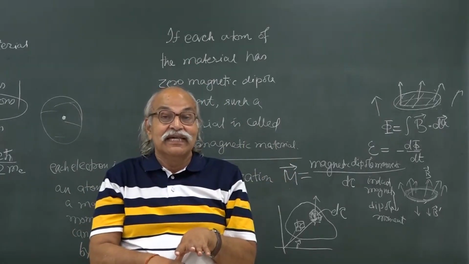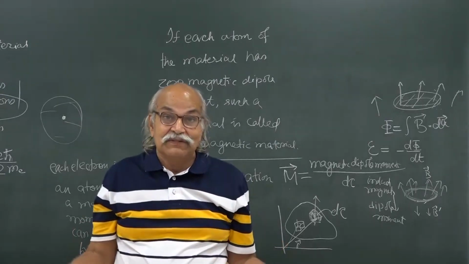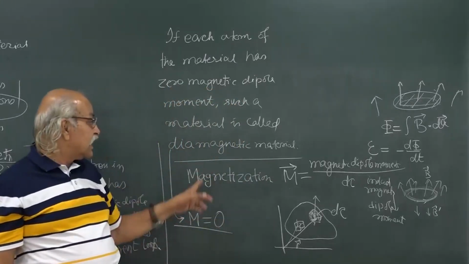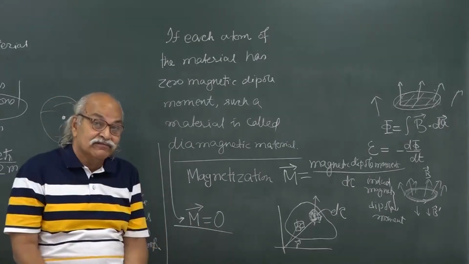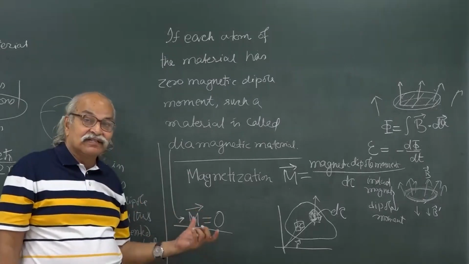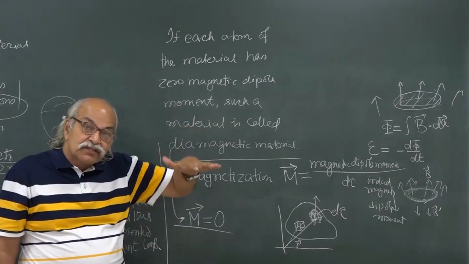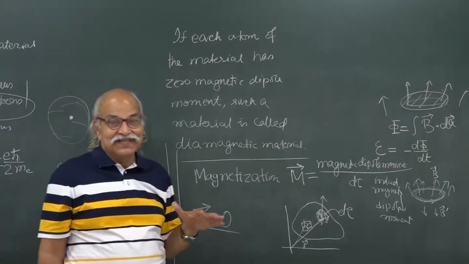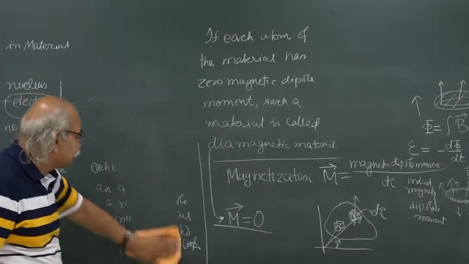So a magnetization is now produced. There was no magnetization in the diamagnetic material, but if you put it in a magnetic field, then a magnetization will appear, and that magnetization will be in the direction opposite to the applied magnetic field.